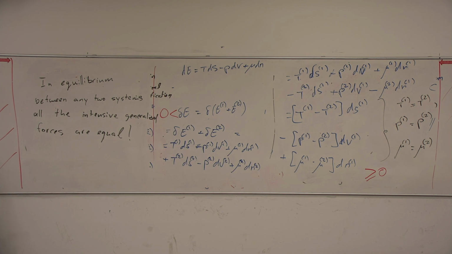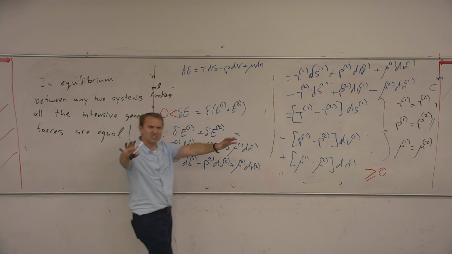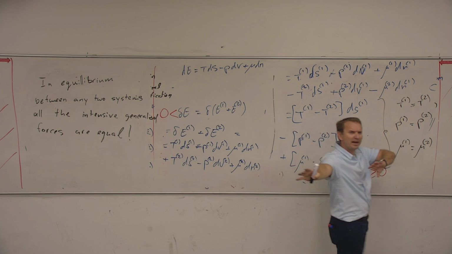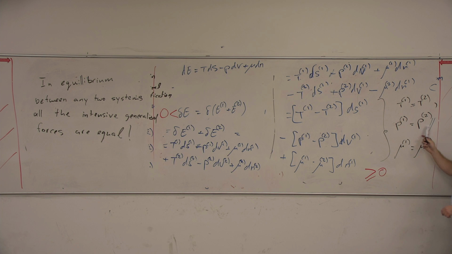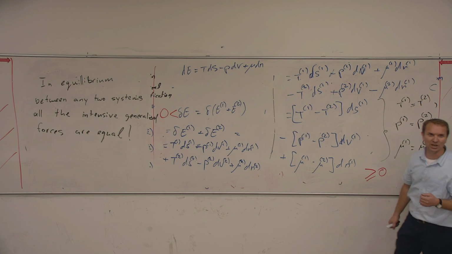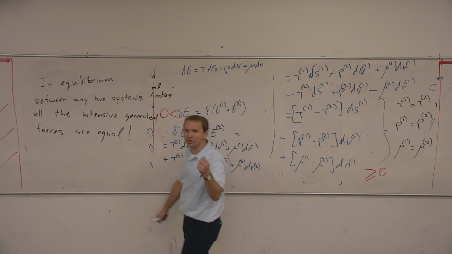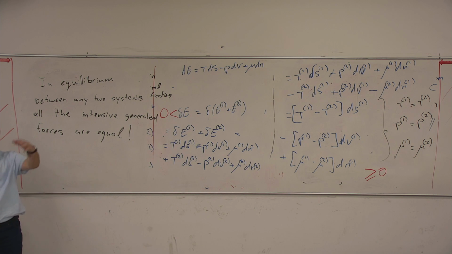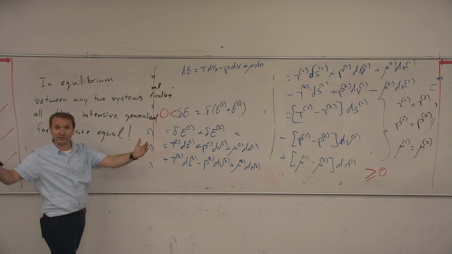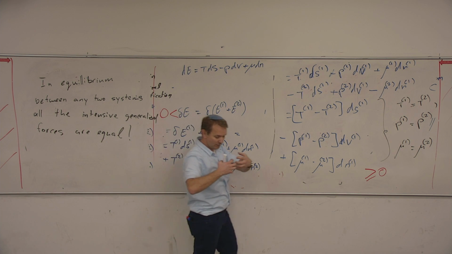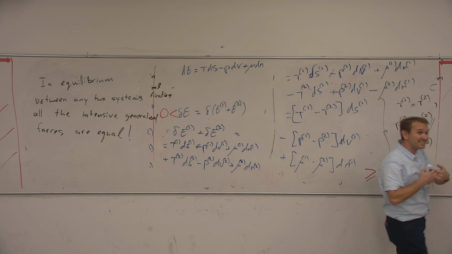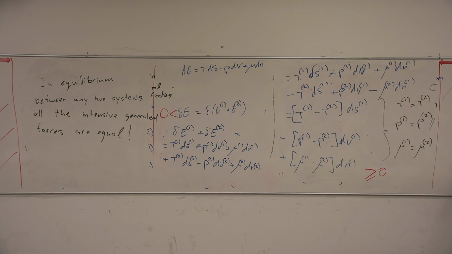So in my equilibrium, the pressure has to be the same for 2 systems, 3 systems, 4 systems, it doesn't really matter. The pressure has to be constant. The temperature has to be constant. Any generalized force that I can imagine, and here the chemical potential is a generalized force, it has to be constant. Okay? Extensive variables can be whatever they want. Intensive forces have to be exactly the same all over the system.